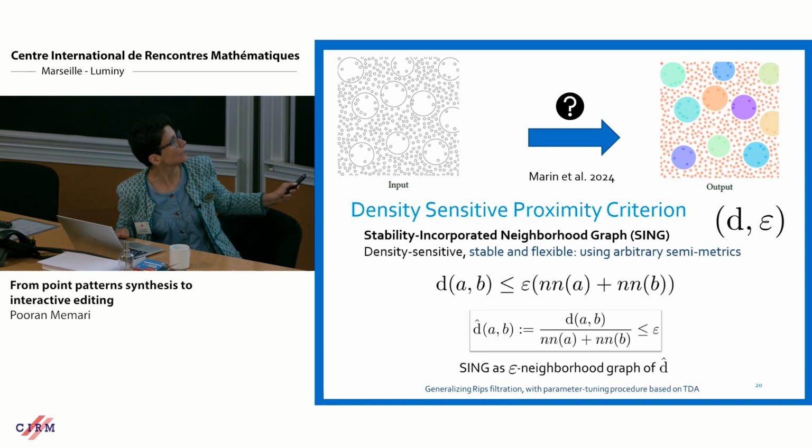So if you consider this semi-metric here, we want this to be less than epsilon, so you can take this as a generalization of an epsilon neighborhood definition, and apply the basic Rips filtration context to have topological data analysis here. Sorry, I will go quite fast in this part, but it's just to tell you that you can incorporate some stability results in this kind of clustering technique through tools that exist in topological data analysis.